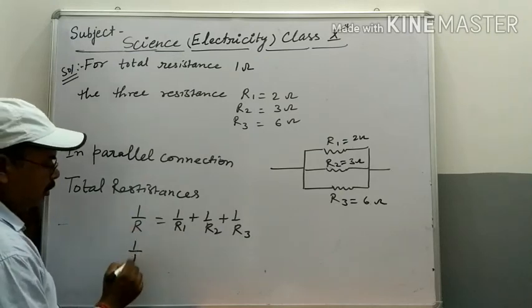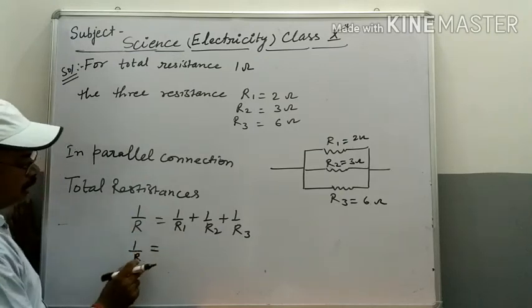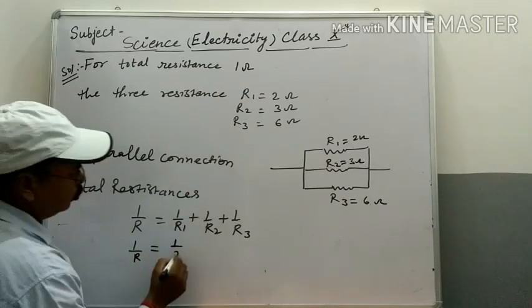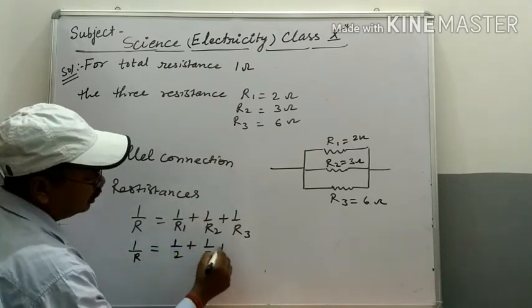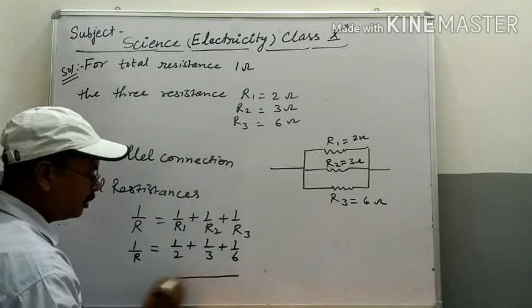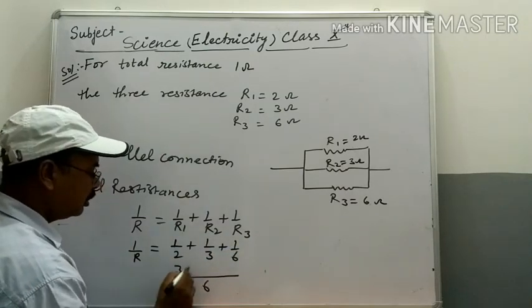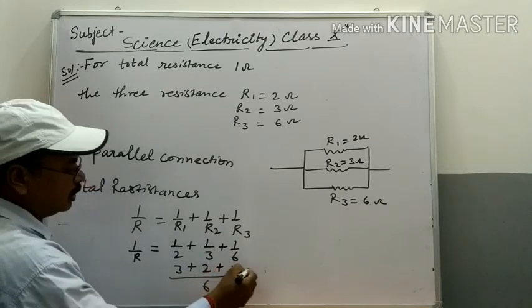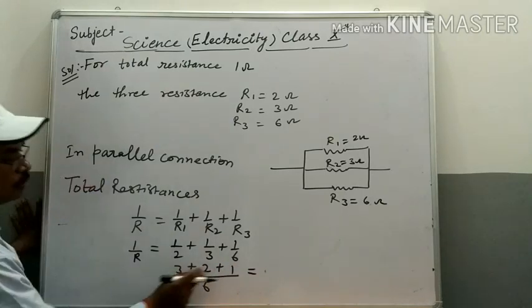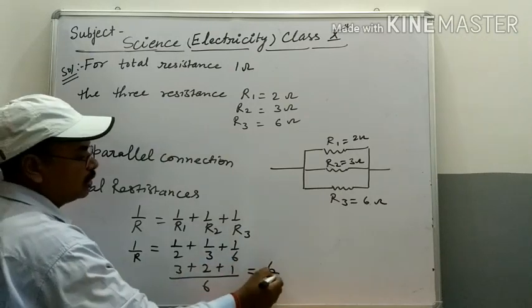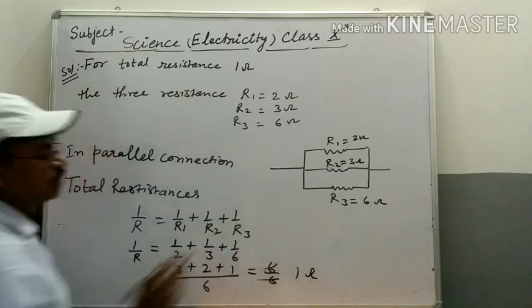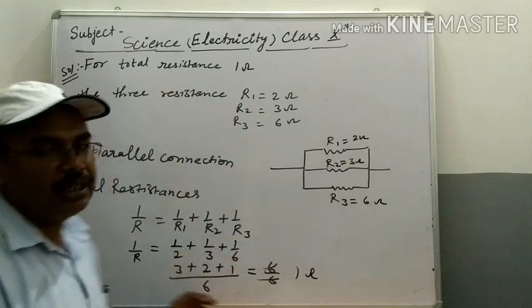Simply 1 upon R, where R means the resultant R total, equals 1 upon 2 plus 1 upon 3 plus 1 upon 6. The LCM will be 6. Students, you can see 3 plus 2 plus 1 is 6 upon 6, and 6 and 6 cancel. So the total resistance is 1 ohm. That's our required result.